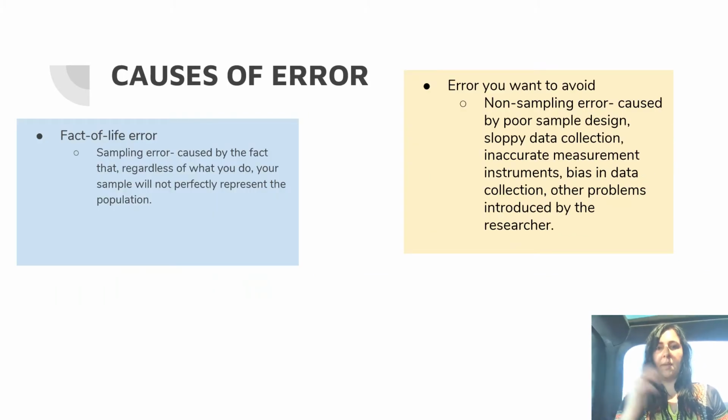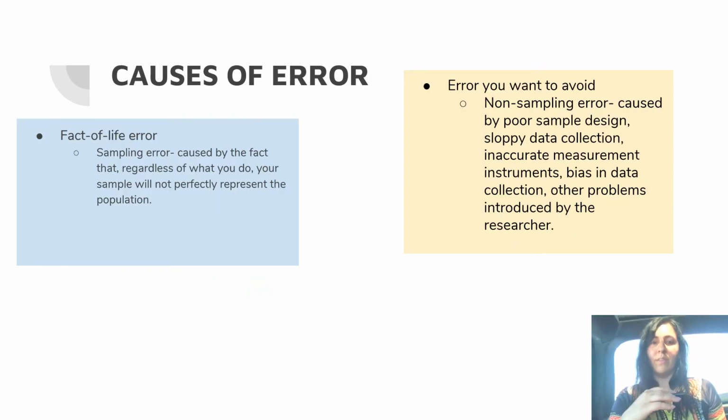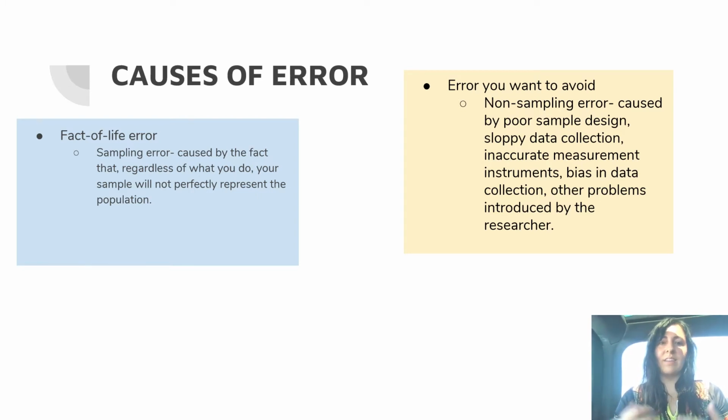So this slide piggybacks off of the previous one, causes of error. All right, so fact of life error or sampling error, we already kind of discussed this a little bit. It's caused by the fact that regardless of whatever you do in your study, you will not 100% perfectly get it right because you're using a sample. So there's always a little bit of room for some sort of discrepancy.